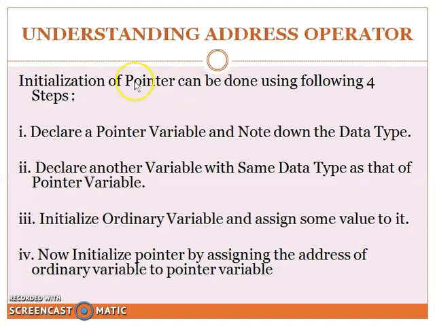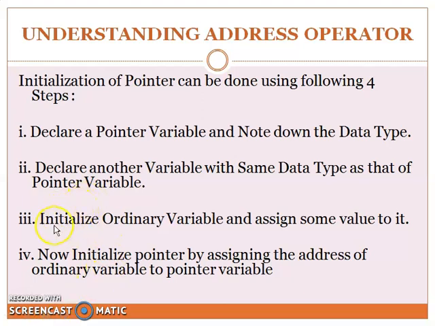So how is the pointer variable used in a program, and what are the procedures we have to know? The first thing is, we have to declare one pointer variable and identify the actual data type mentioned there. The second step, we have to declare one more variable with the same data type as that of the pointer variable.